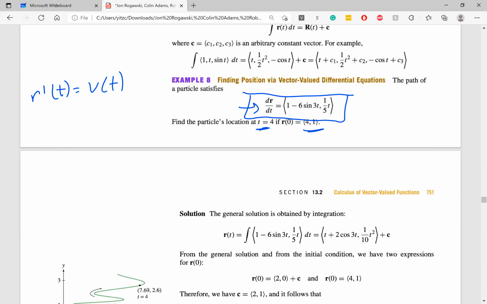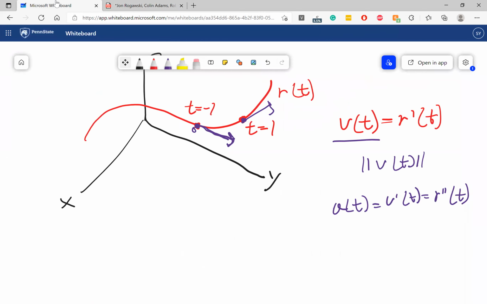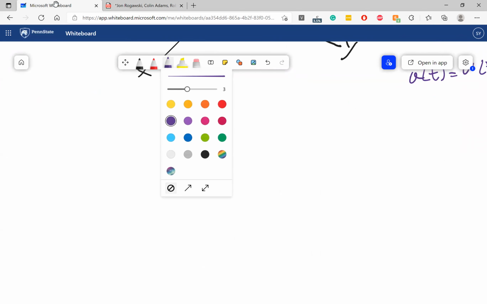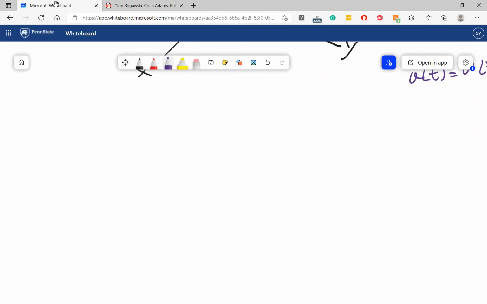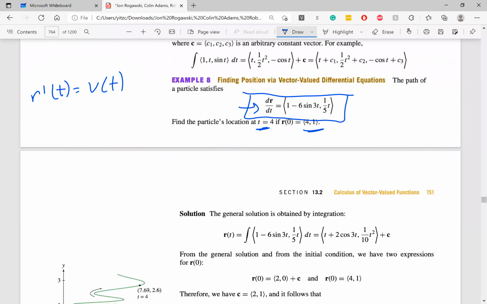So the way to do this, so 1 minus 6 sine 3t. So r of t is equal to 1 minus 6 sine of 3t. And then 1/5 t.